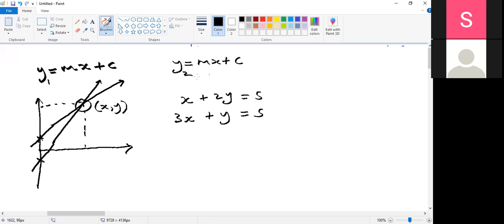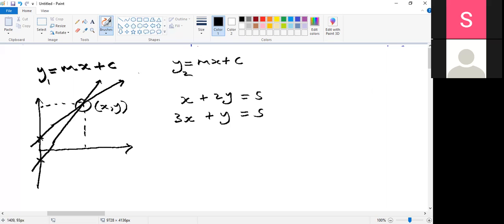It's just some transposing; they rearrange the same equation and make it look like this. But we will talk more about that. This is just a high level understanding that you have two lines, two equations that describe some lines, and these equations meet at a point, and the point where they meet is the solution to the simultaneous equation. Okay?